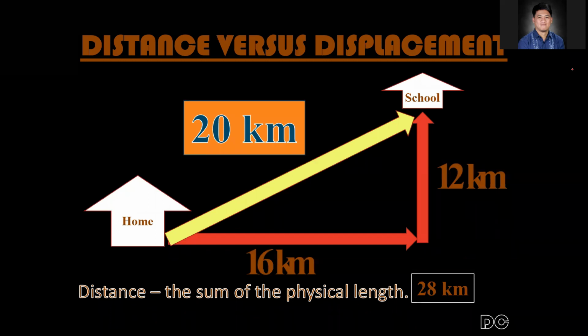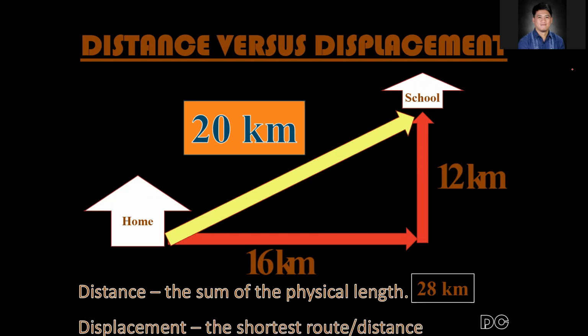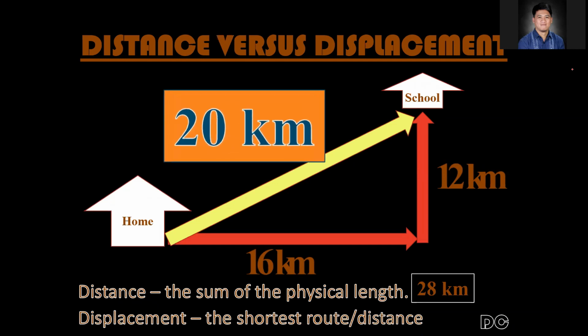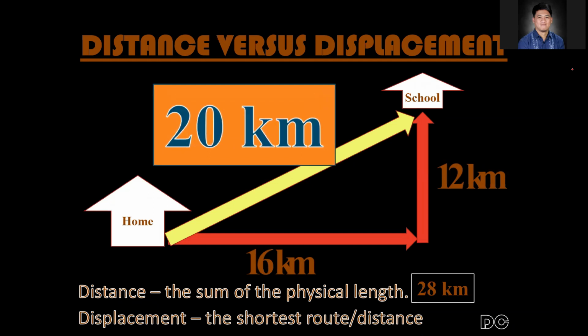Your original position is your home and your final position is the school. So the shortest distance from your original position to your final position in this case is the 20 kilometers.